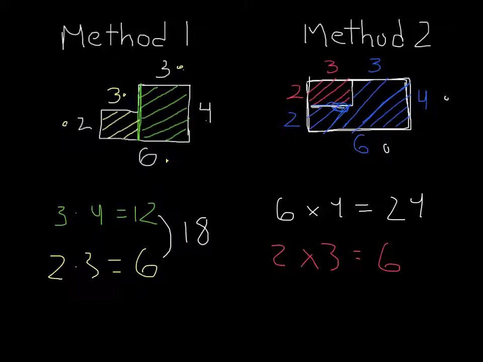And so then you would subtract these two, and you'd get 18. So the area of the blue shaded area is 18. So you can have two methods to find the same answer.